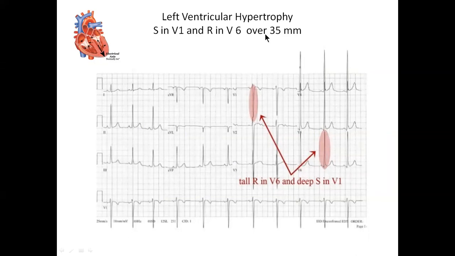If it is over 35 millimeters, then we can say the patient has left ventricular hypertrophy. Again, S in V1, R in V6, and you add them together and it should be more than 35 millimeters. Remember, 1 square is 5 millimeters. Okay?